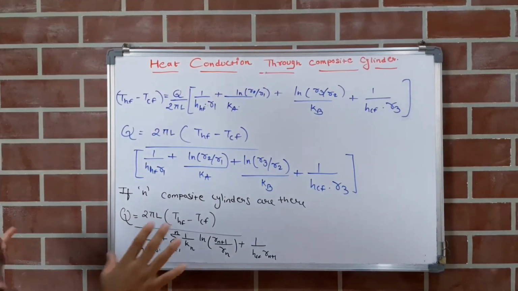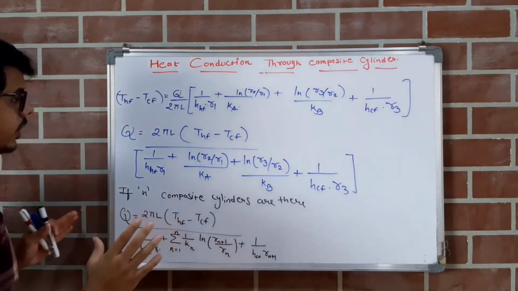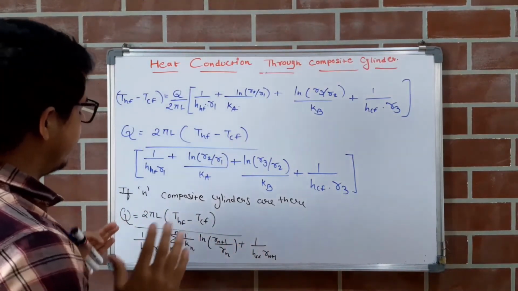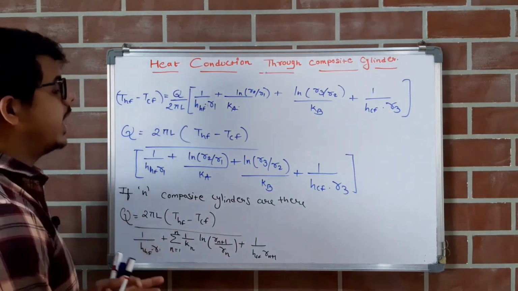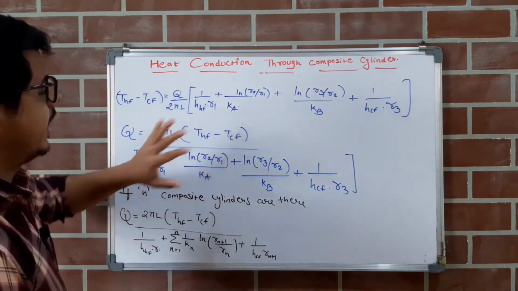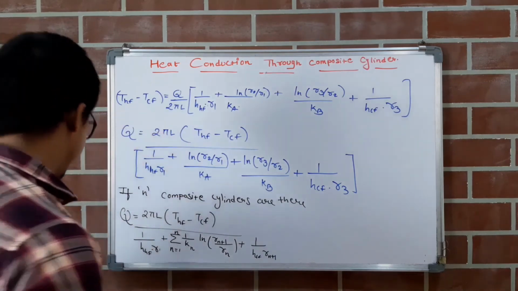Now suppose that if we don't have the inside and outside heat transfer coefficient, that is HHF is not there and HCF is not there. So how we will write this formula? So observe it.